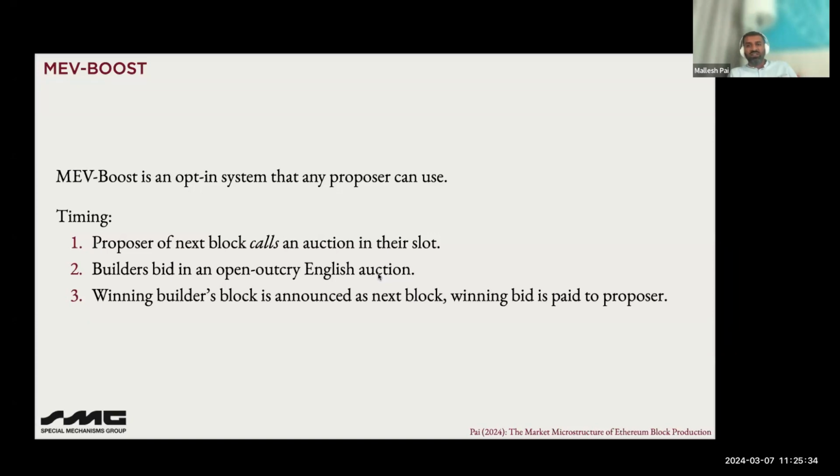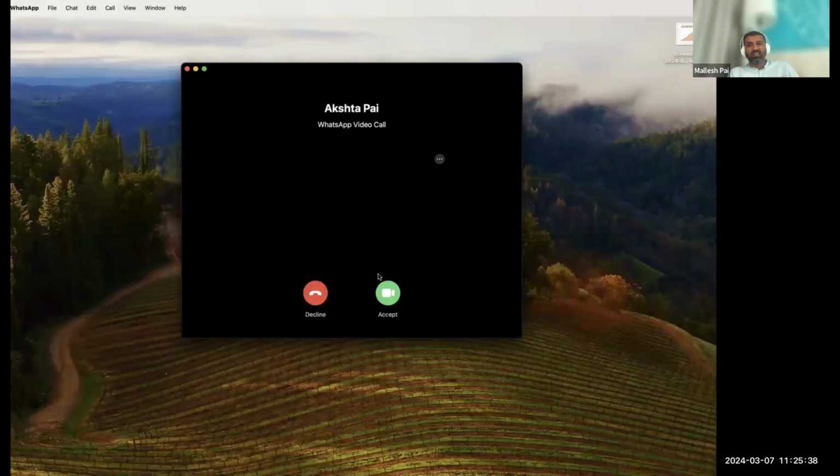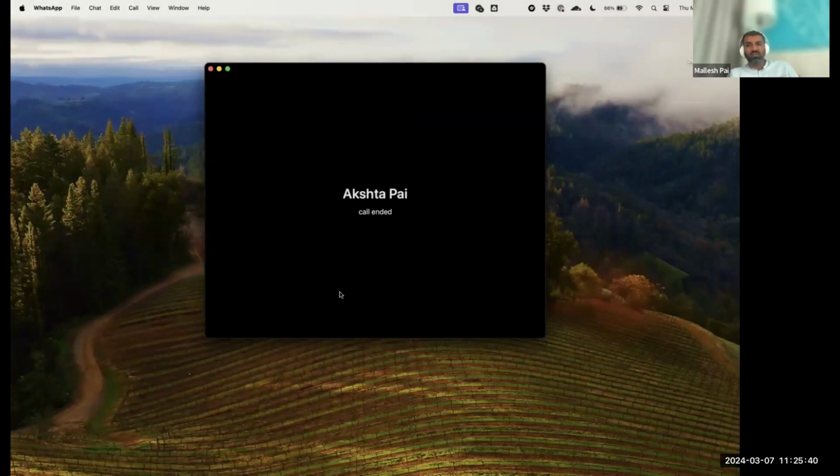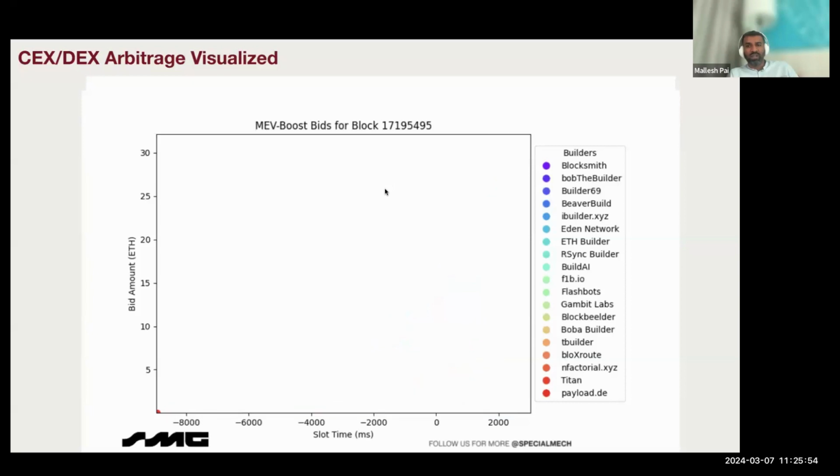Okay, just as an image, here is a sample. Here is a particular block, 17195495. The left to right axis is time into the slot.